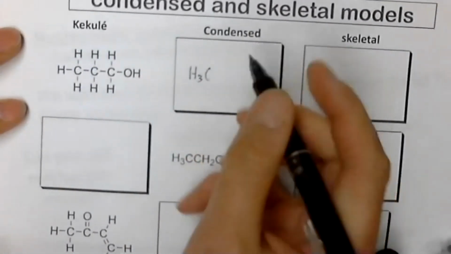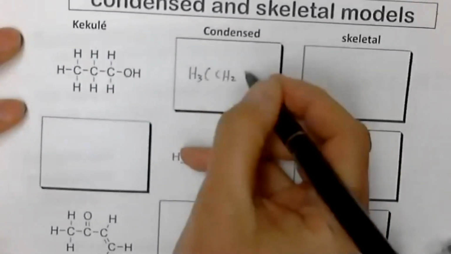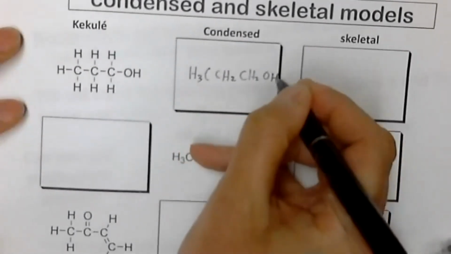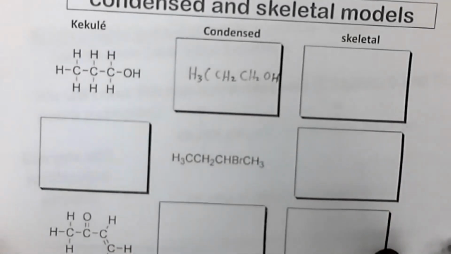I like to say H3C. It was H3C, CH2, CH2OH, right? That's a condensed format of this propanol molecule.